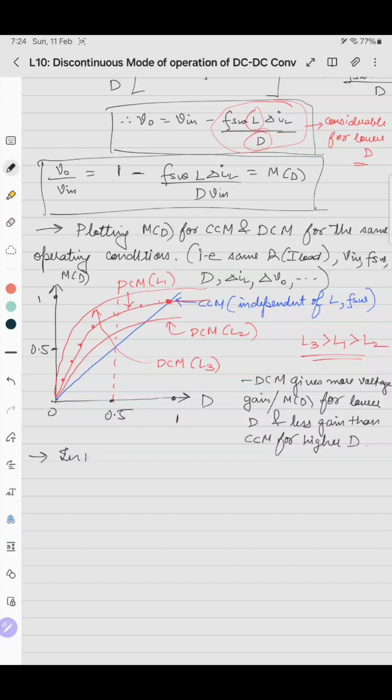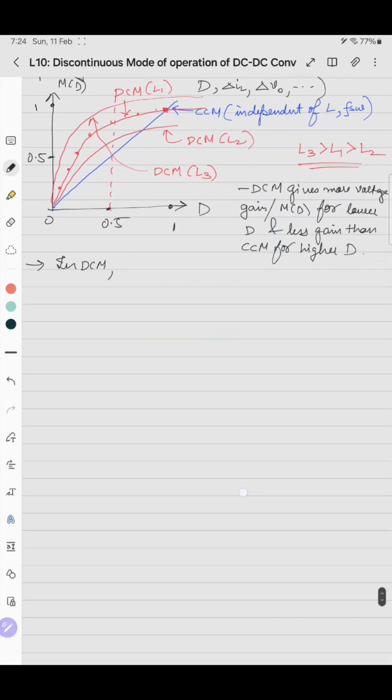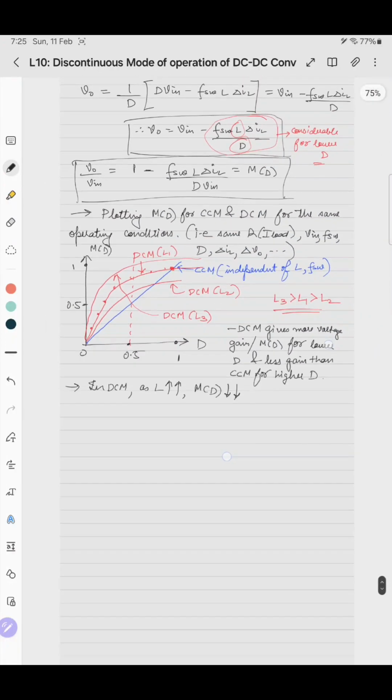And in DCM itself, as L increases, M of D will decrease. This is the observation.